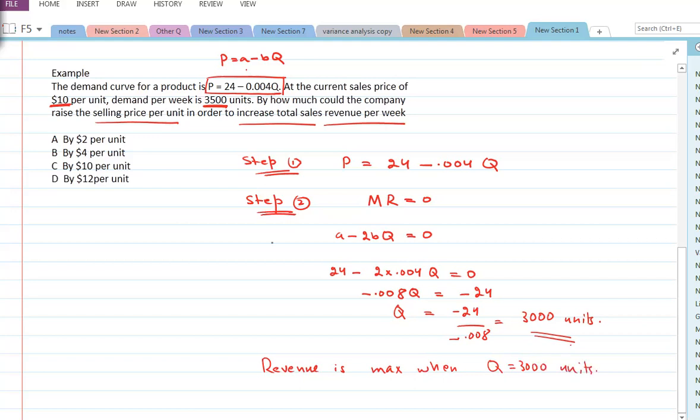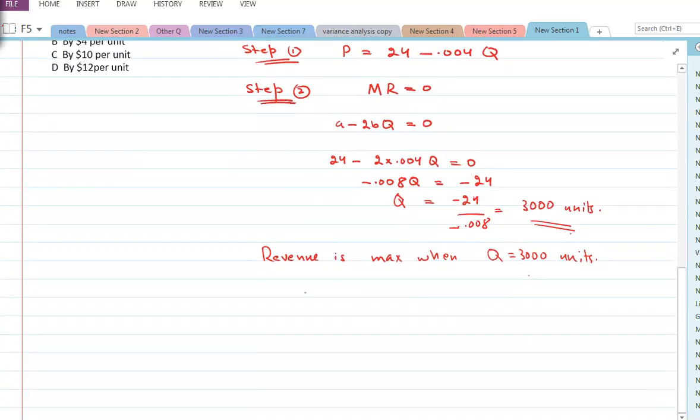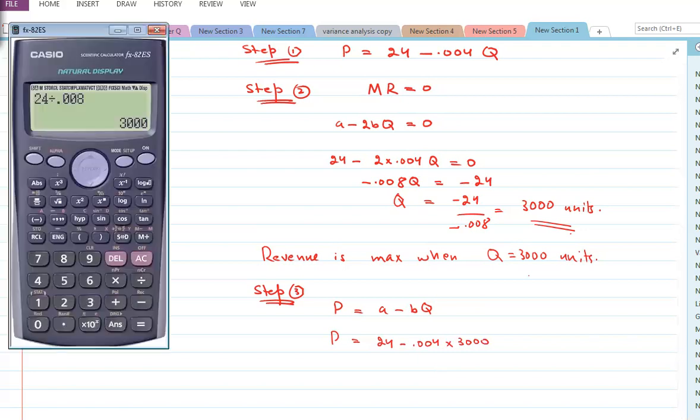Now, all we have to do in the third step is find the selling price at these many units. So step number 3, we are going to use the demand equation once again. P is equal to A minus BQ, so we have to find the value of P now. P is equal to A, which is 24, minus B, which is 0.004, multiplied by the quantity, 3000.